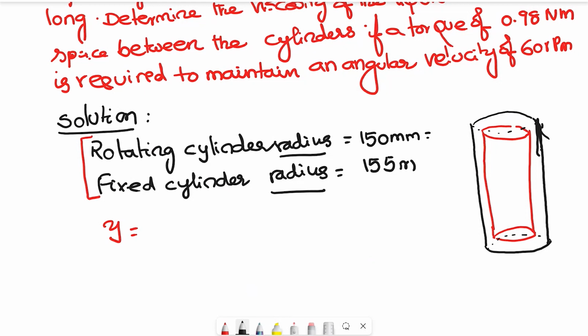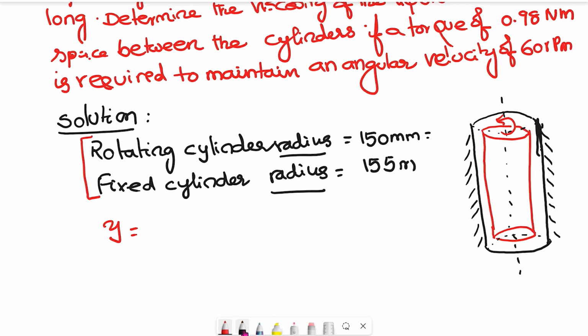Right? This outer one is fixed, whereas the inner one is rotating. If I take this as the central axis, the inner one is rotating.